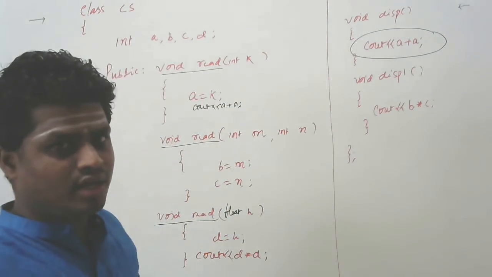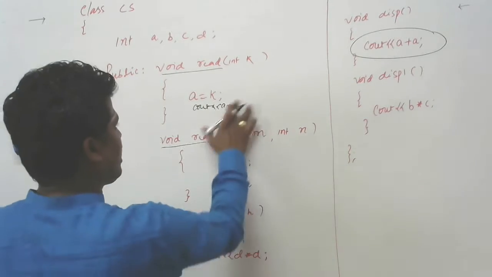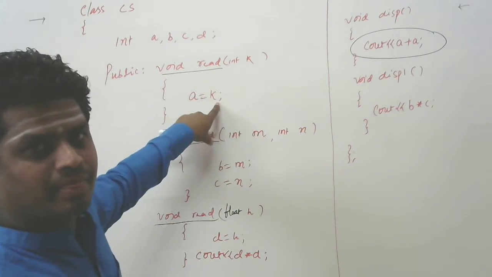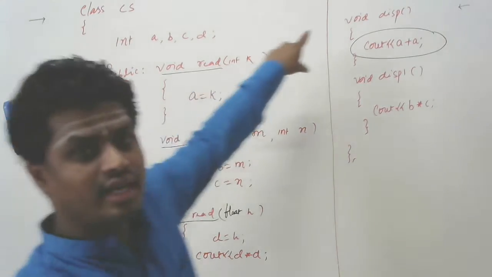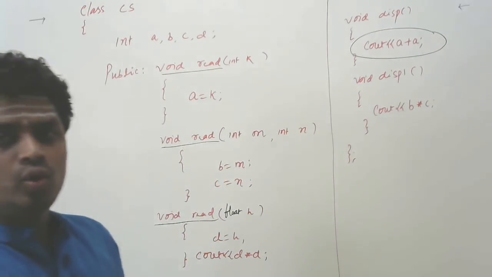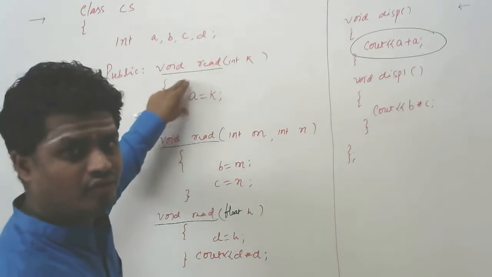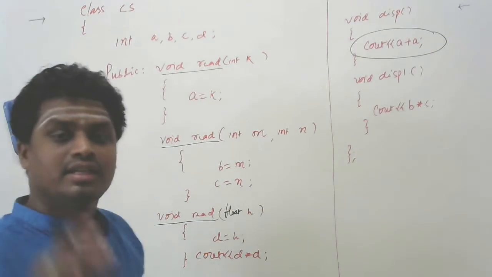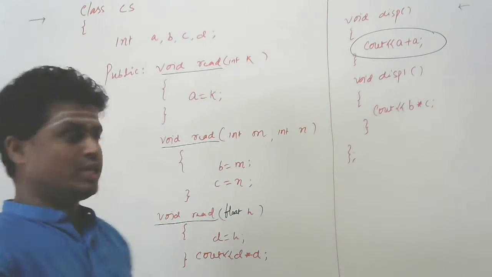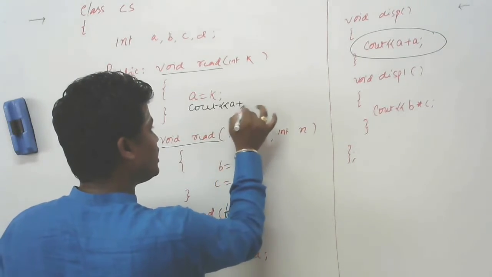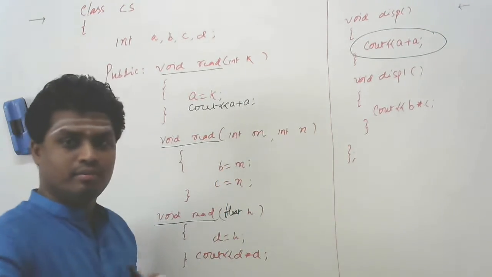One more time I will tell. Just before, I initialized a value with k. Then the value of a I printed in another member function. Can we print the value of a in the same member function where we initialized it? Yes, you can, you can call this particular member function here, no problem.